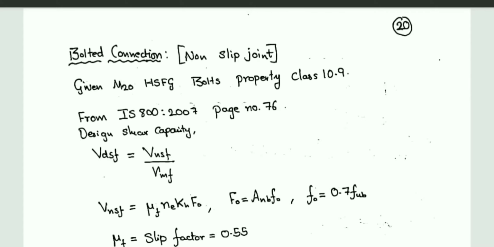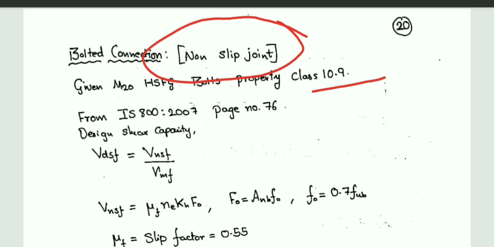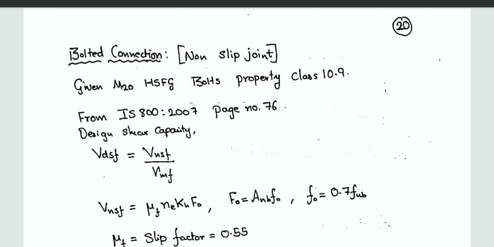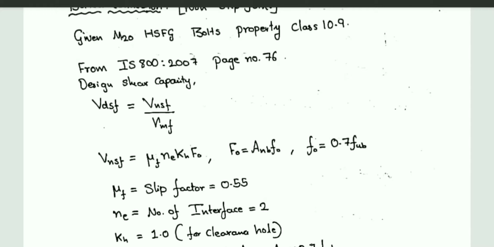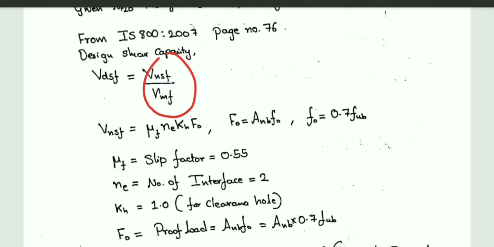In this connection, it is given as an HSFG bolt, that is, a non-slip joint will be seen. Friction grip bolts of property class 10.9 are used here. In the design steps, VDSF will be equal to VNSF divided by gamma MF, and VNSF will be equal to, from the code book page number 76 you will get all these formulas, mu f Ne KH into F naught.